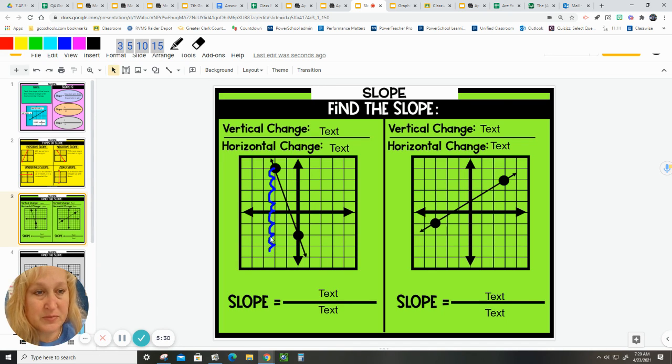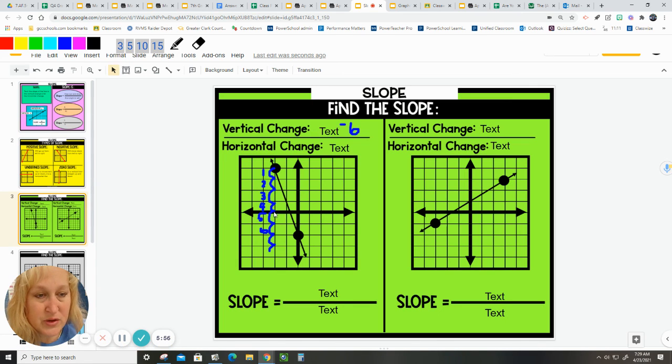Oh, went too many. Okay, so let's go back and figure out how many that was. 1, 2, 3, 4, 5, 6. Okay, so I got to 6 for my vertical, my rise, but it was traveling downward, so I have to make sure that it's negative.